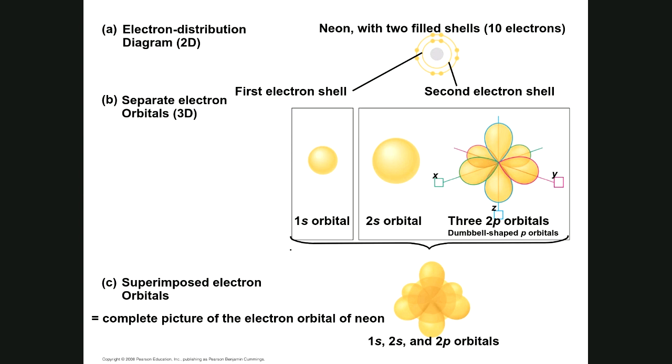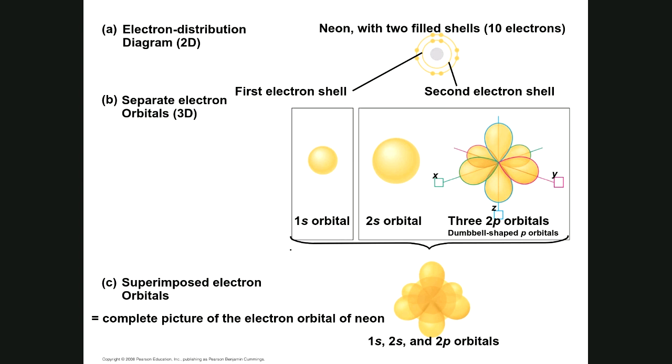So the second shell has subshells, or orbitals. Here we have an orbital that is 2s: 2 for the second shell, and s for the s orbital. The first shell has only one orbital, s.